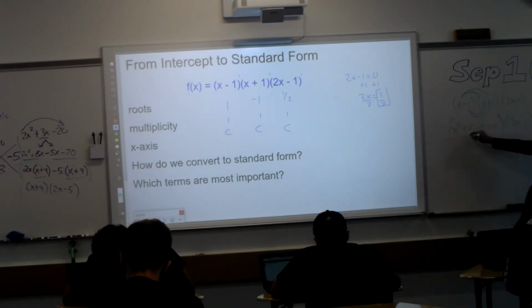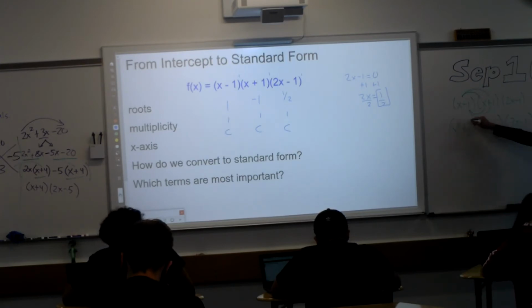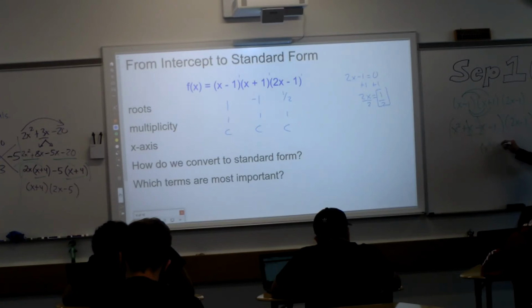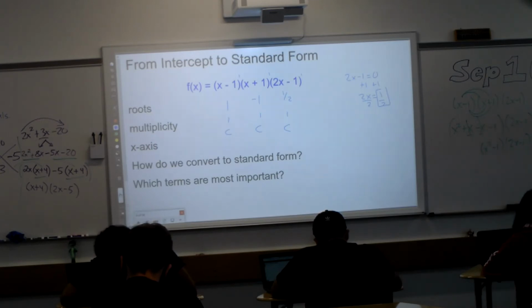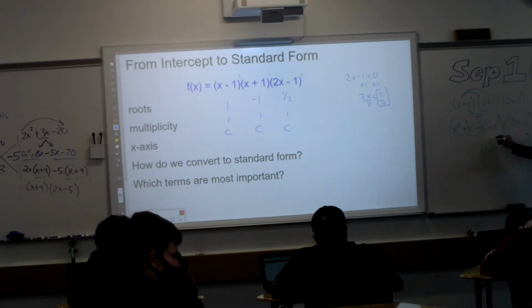But let's combine our like terms here. x minus x is 0, so those just go away. Then I get x squared minus 1, which I need to distribute with 2x minus 1. So we've got a lobster claw again. We're sending that x squared to both of these, and then the negative 1 to both of these.